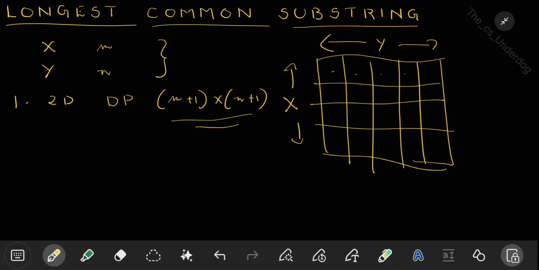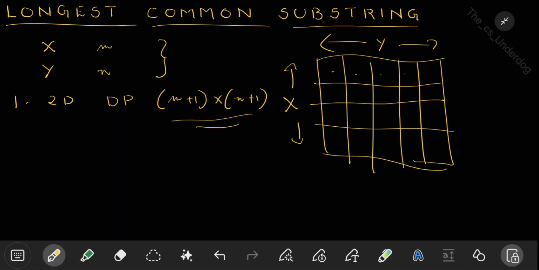Why is it this size? Because the first row and first column of the table will be left empty. Why is it left empty? It is because those correspond to the entries in which one of the two strings is empty. For example, if X is an empty string, in that case the longest common substring of X with any other string Y will have a length of 0.